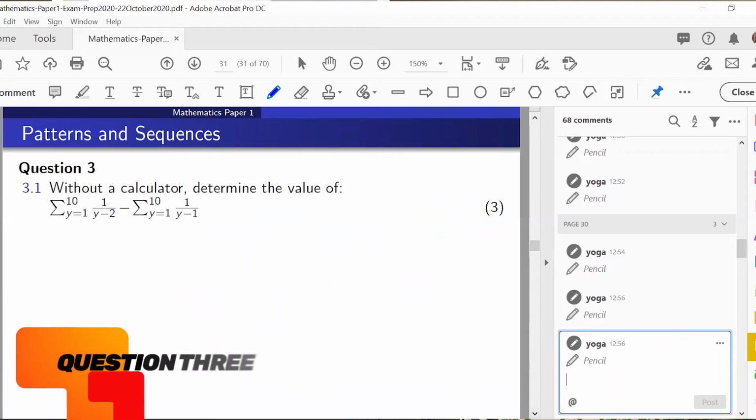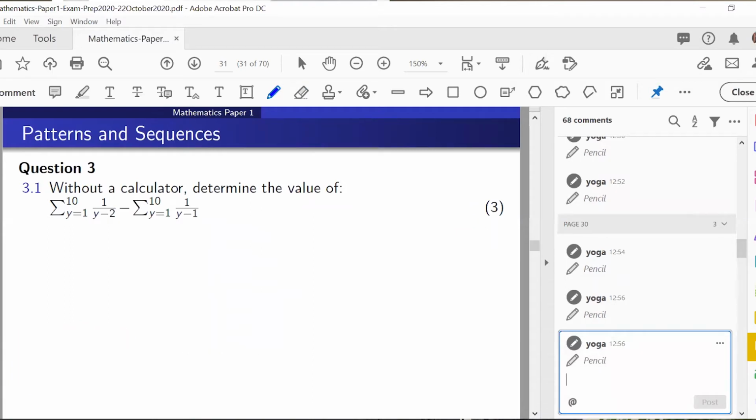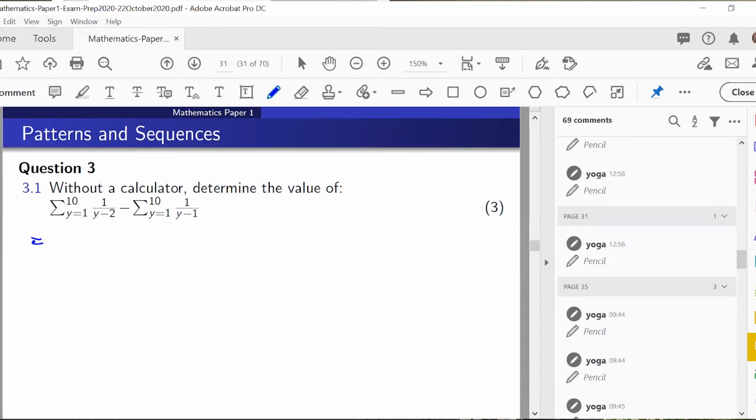Now that is the next question, question 3, and we are required to determine the value of that expression. Now the first expression, when we substitute 1, that was copied incorrectly.